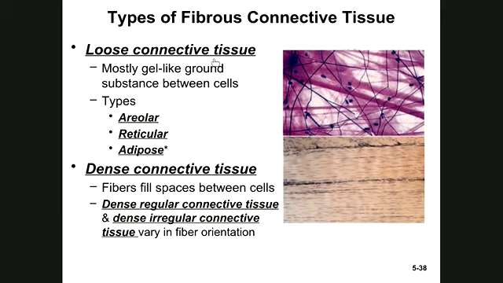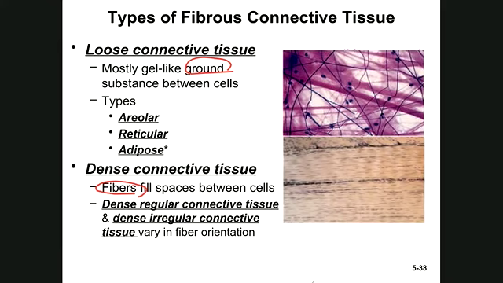So in the loose connective tissue, the ground substance is more than the other parts, and in dense connective tissue, the fibers are the important things. The subdivisions of loose connective tissue are areolar, reticular, and adipose. And our dense connective tissue is divided into dense regular and dense irregular connective tissue, which vary in the orientation of the fibers.